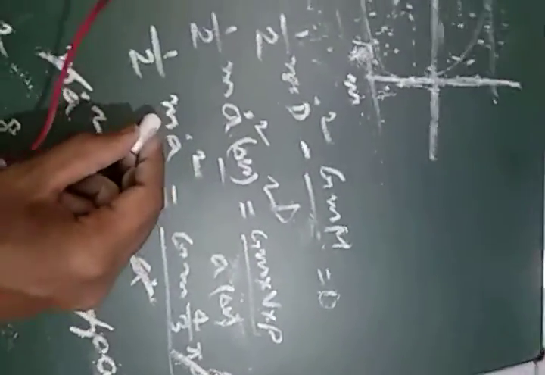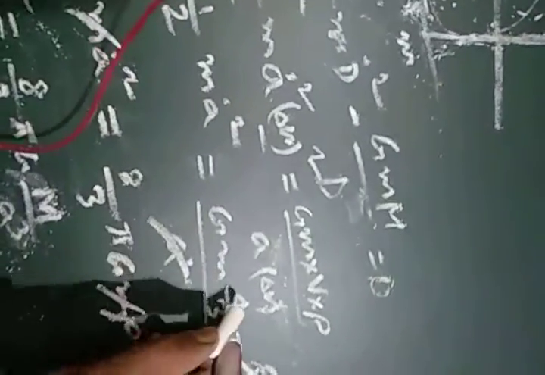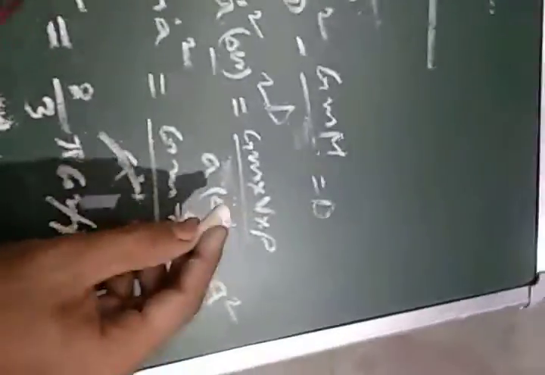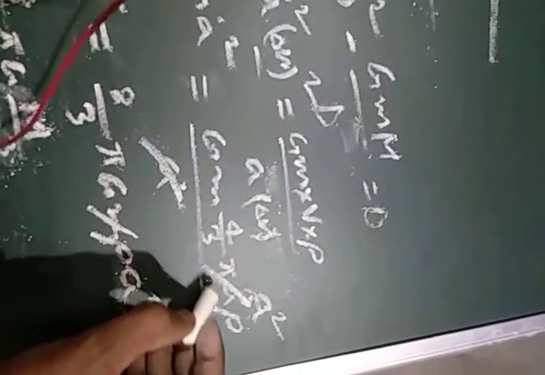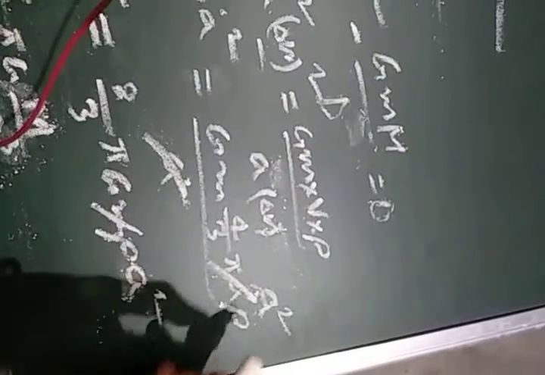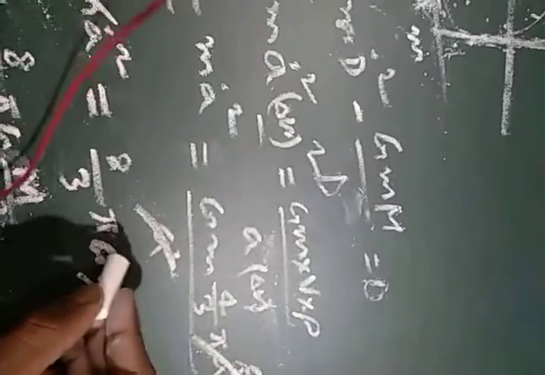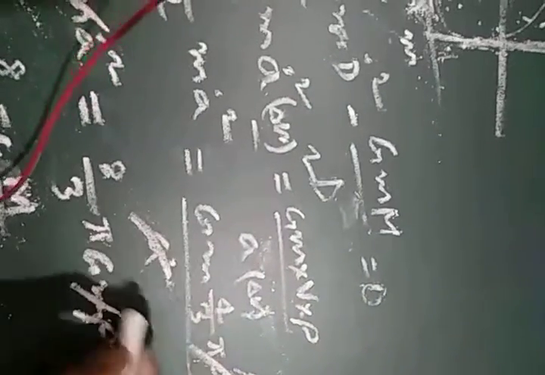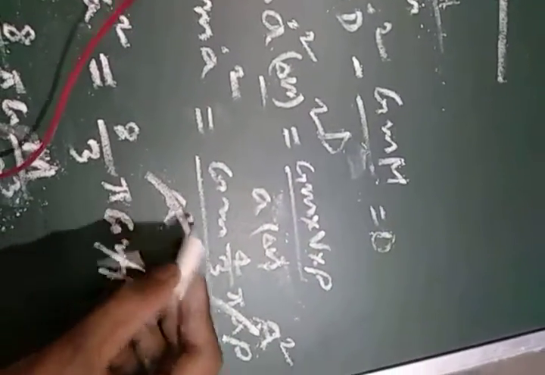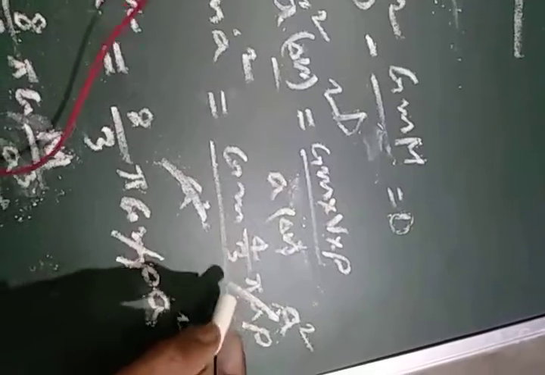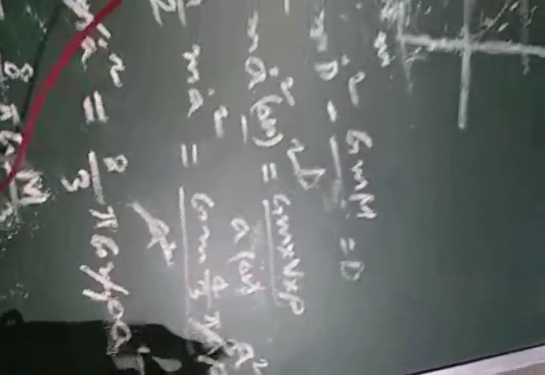It will be half m a dot square equals G into m into the volume. Volume is 4 by 3 pi a cube rho divided by a into del r, which is 1. So a cube over a becomes a square.